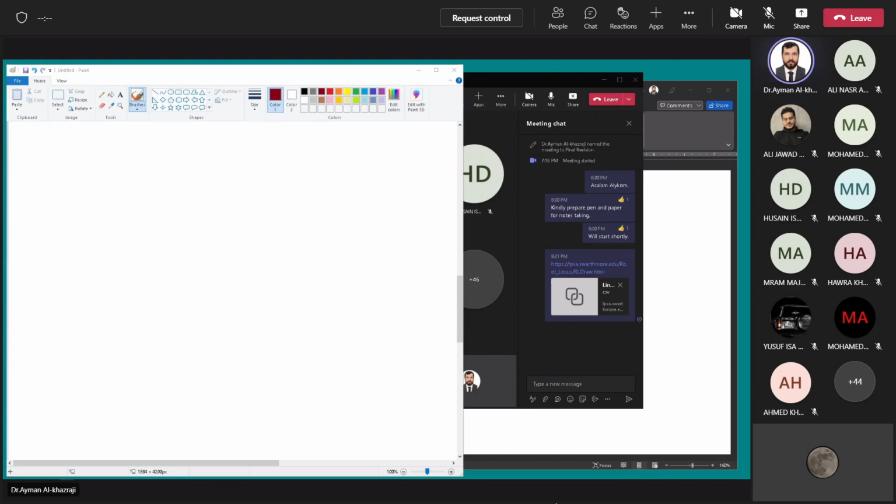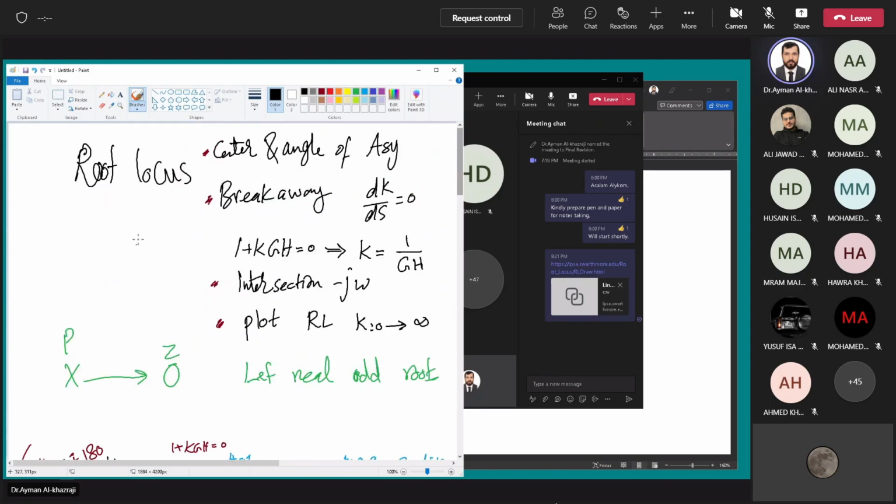Okay, what else do we have? For example, now we will move to frequency response. What do we have? Listen, just one remark here for root locus.